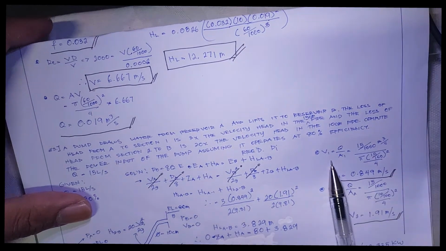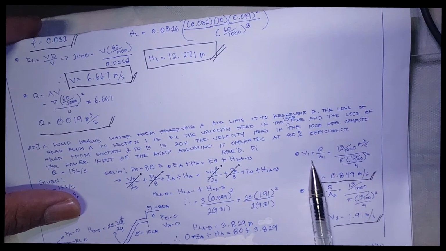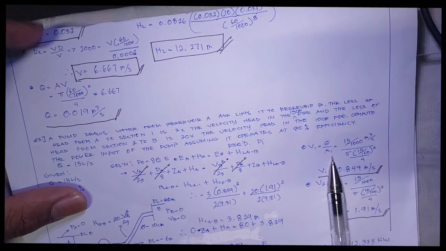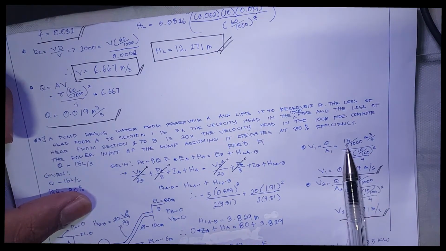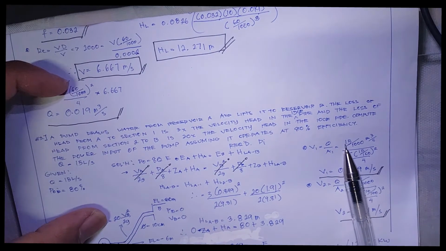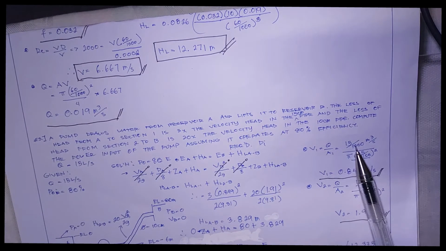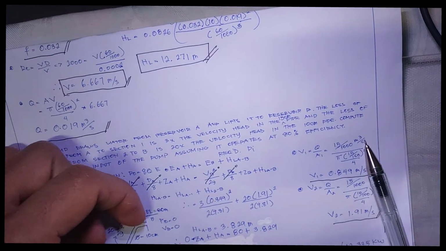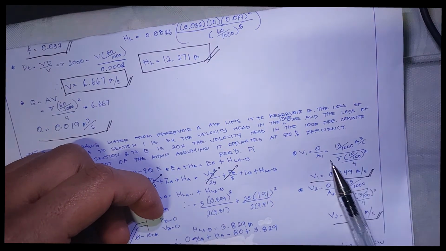First we need to find the values of velocity 1 and velocity 2, which is equal to discharge over area, so we need to first find the value of the discharge. We will convert the discharge to cubic meters per second, so that's why we divide it by 1000. Then we divide it by the area.